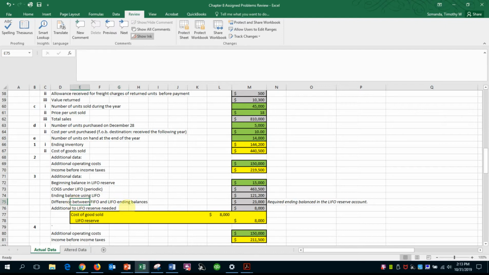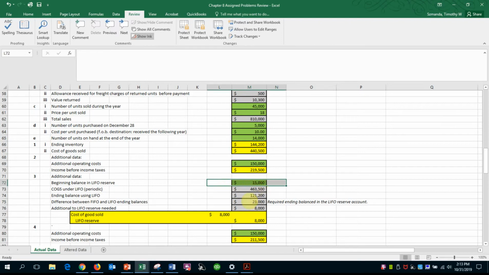So if we're going to compare the difference between the two, in this example, we have a $23,000 difference between what the ending balance would have been under LIFO and what it would have been under FIFO. However, we started with a $15,000 balance in this LIFO reserve account.